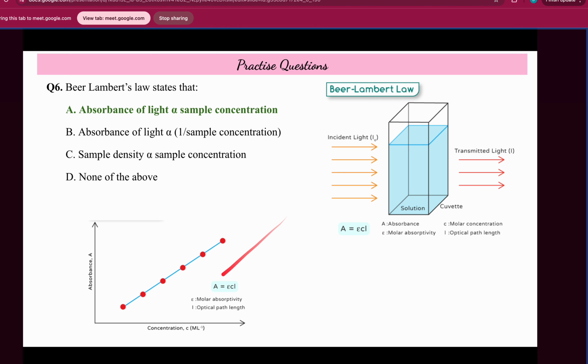That's why there is a straight-line plot between absorbance and concentration: with an increase in concentration, the absorbance also increases. The incident light and the transmitted light will differ, because the concentration is high, so the transmitted light has lower intensity than the incident light.